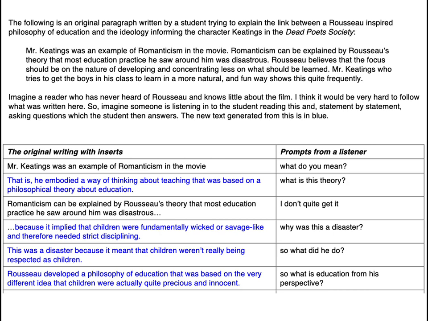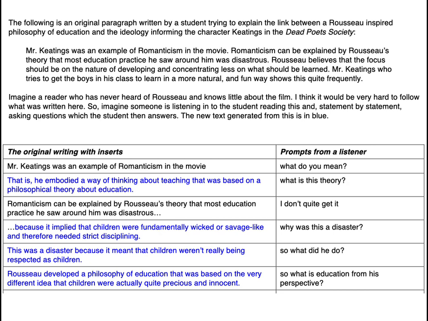So the student starts off: Mr. Keatings was an example of romanticism in the movie. What do you mean? Well, he embodied a way of thinking about teaching that was based on a philosophical theory about education. And what is this theory? Well, Romanticism can be explained by Rousseau's theory that most education practice he saw around him was disastrous.